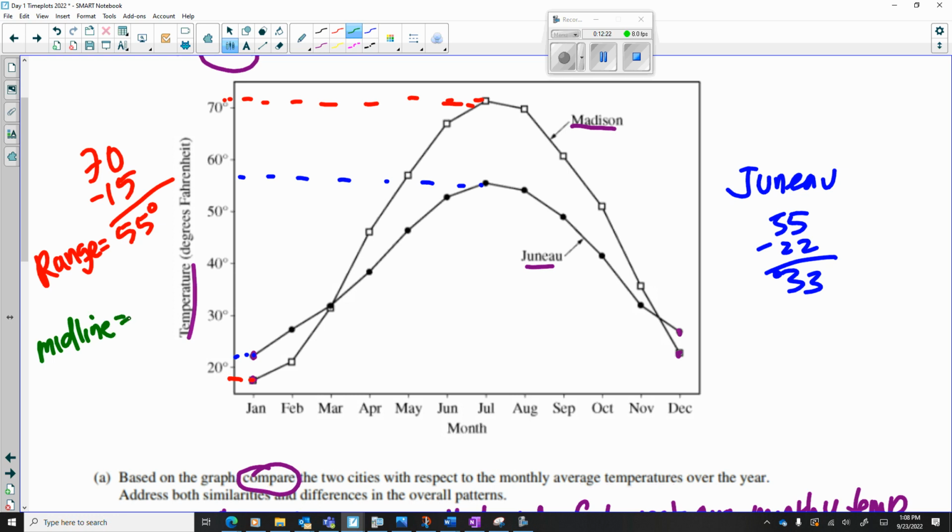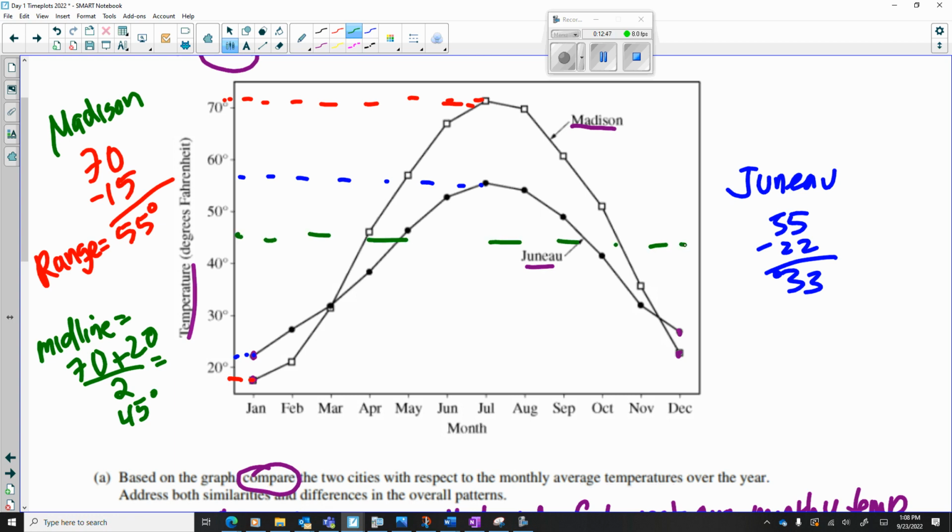So if you do 70, which is the maximum for Madison, and you add that to the minimum, which is 20, and then you divide it by 2, you're going to get the average monthly temp, which is about 45. The average of the average monthly temp is 45-ish, okay? So that's like around here.